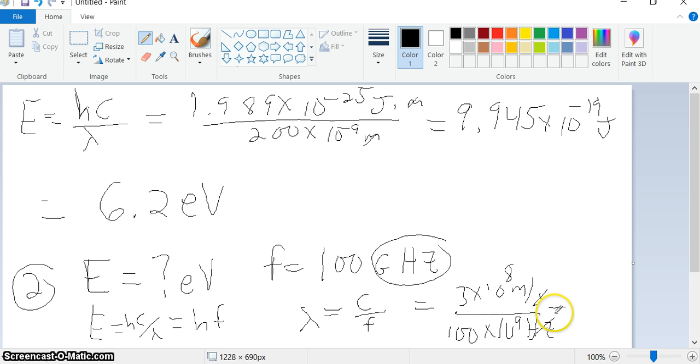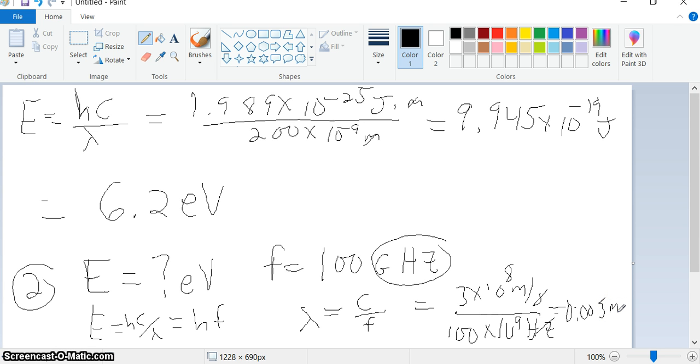And so the answer comes out to be, let's see, what is the wavelength? 0.00, oops, sorry, it's 0.003 meters. So that would be the wavelength.